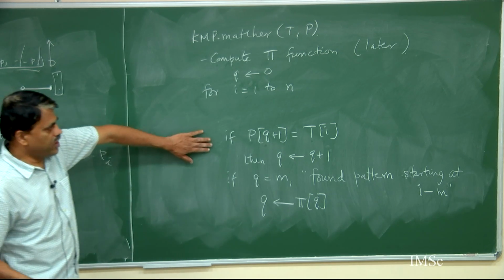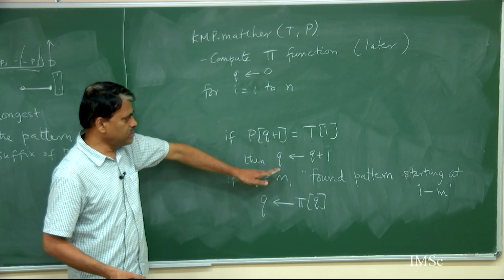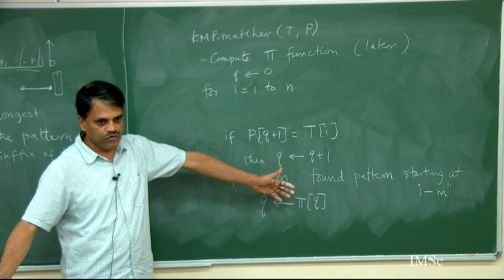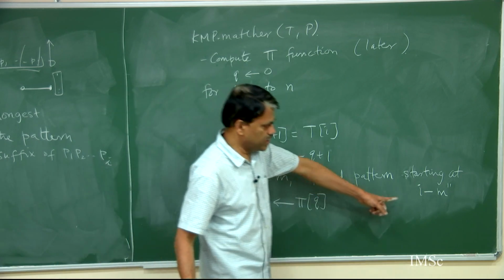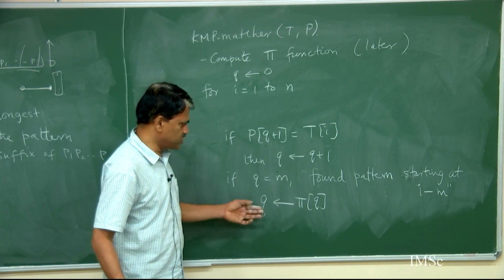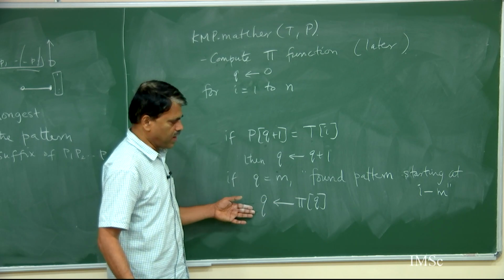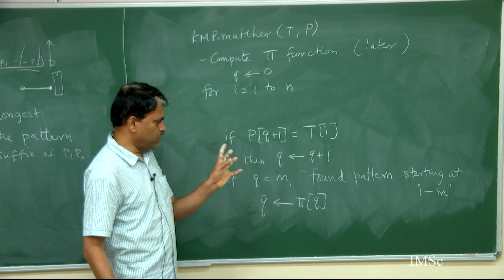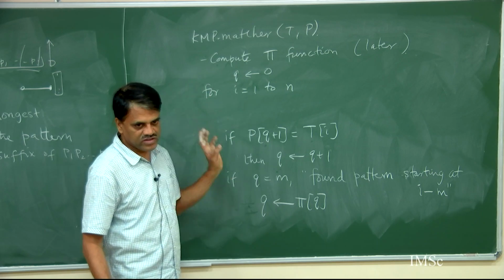So this is fine. If I go and match the next character, I have got one more match, and if Q happens to be m, then good, I found an entire pattern, found pattern starting at position I minus m. And now I am going to apply this pi function and come back here, because that is the proper suffix of P1 to Pm, which is also a prefix. So, that much I have matched.